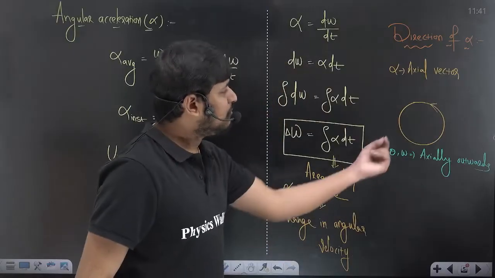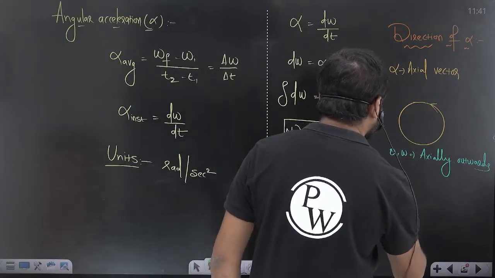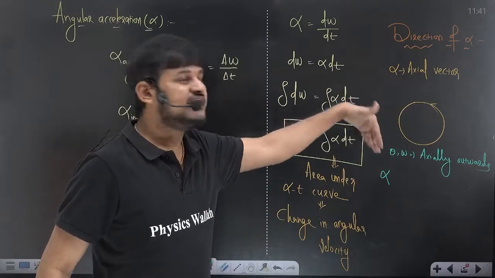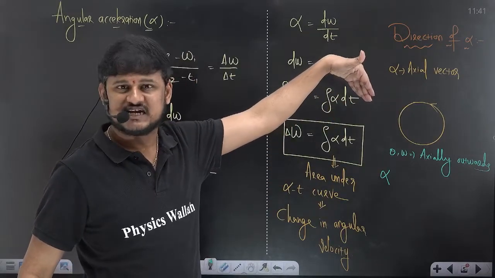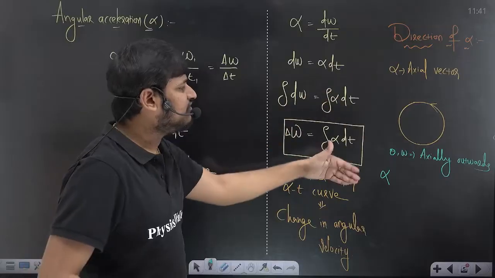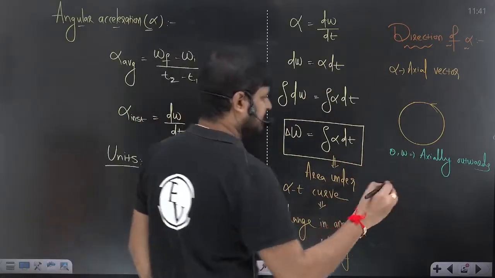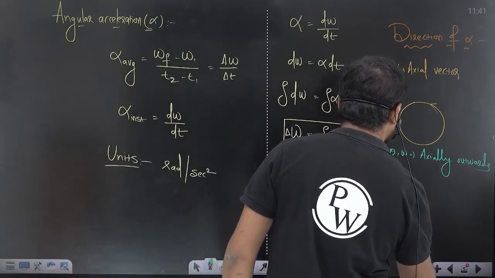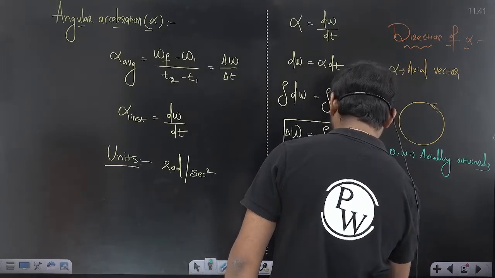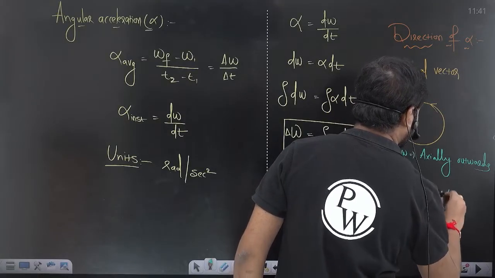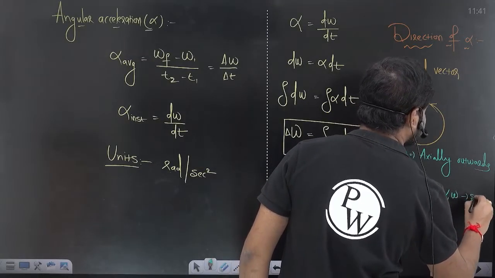But what about alpha, sir? Alpha will support the torque if it is speeding up. Alpha will be in the direction of omega. So if the body is speeding up, then alpha and omega have the same direction.